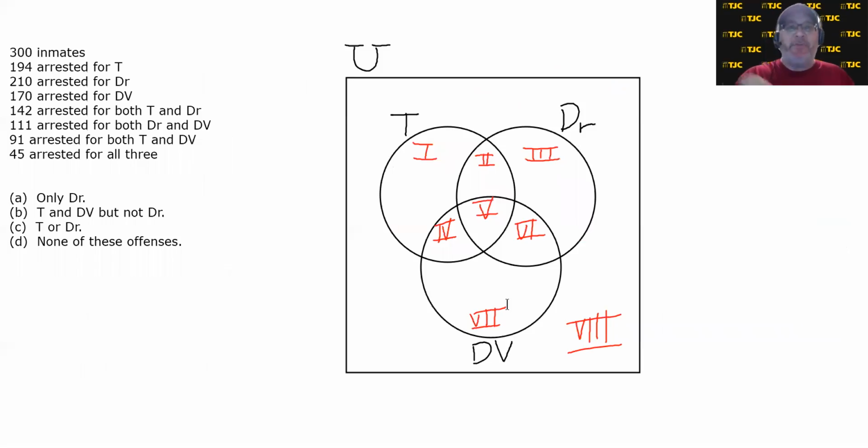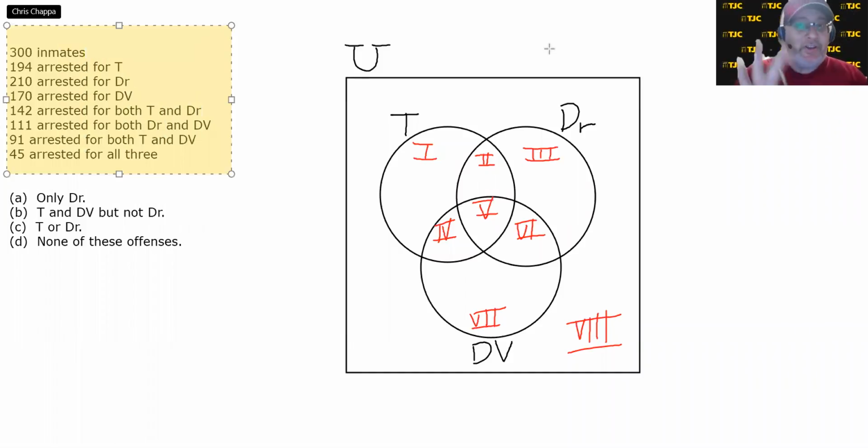If you'll notice on the next page, I've already got a Venn diagram drawn with 3 circles, one for theft, one for drug offenses, and one for domestic violence. Also, notice that I've got all the numbers from the problem already extracted, and I'm using the set names instead of the actual words for brevity.